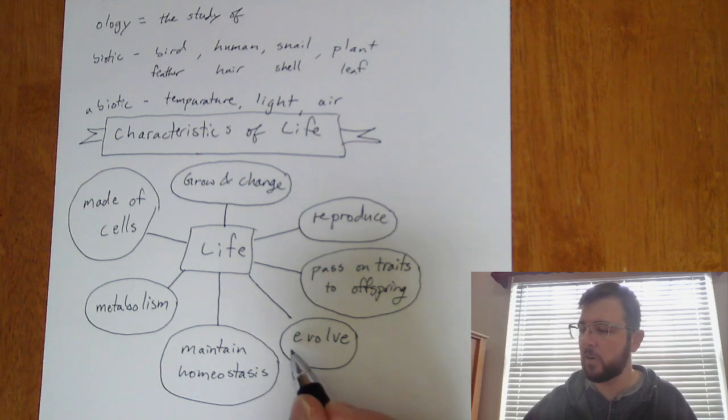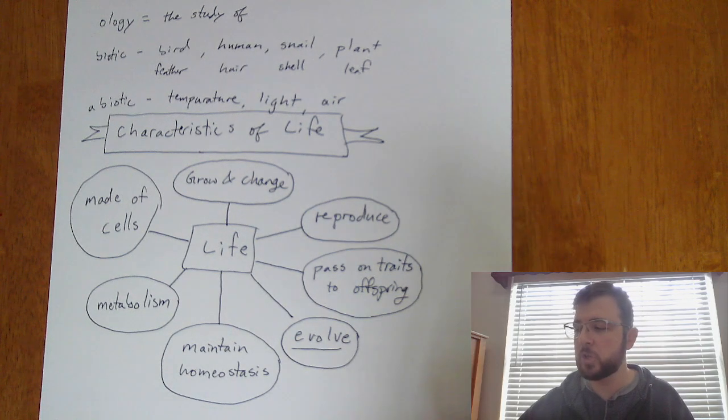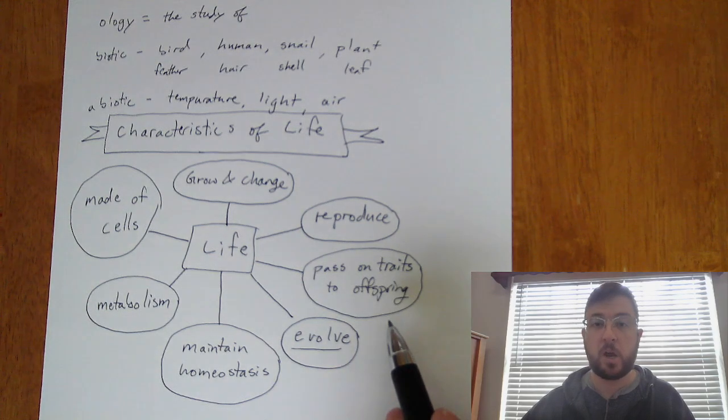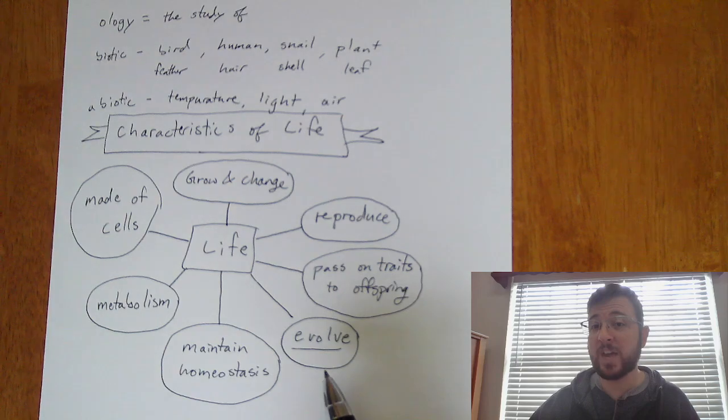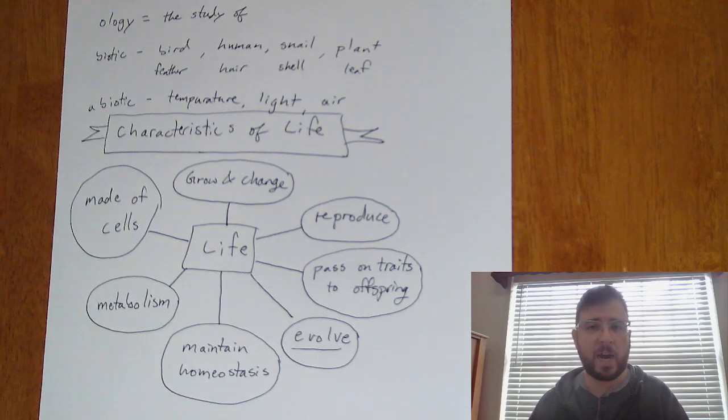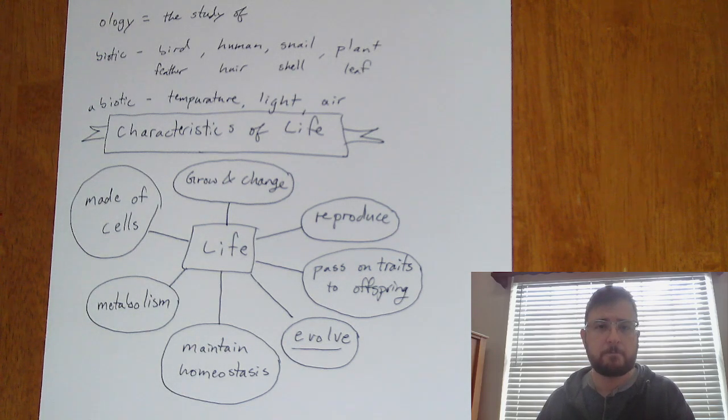They evolve. Viruses do reproduce, and they do pass on traits to their offspring, which allows them to change over time and evolve. You might have heard about COVID and COVID-19 and then now Omicron and all these different variations of that virus, COVID.